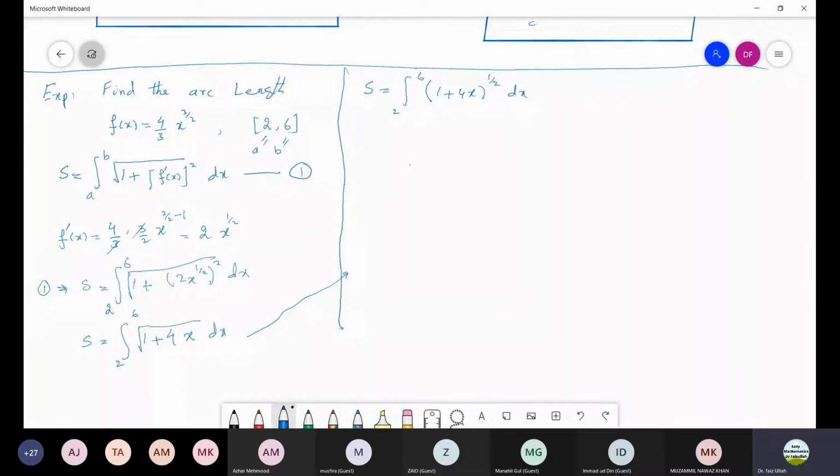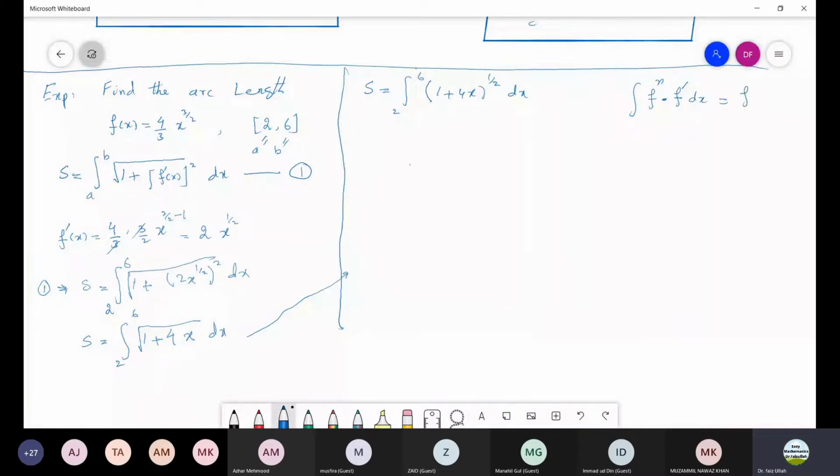There is a very basic rule of integration. If we have some function and there is some power of this, it means we have f power n, and with multiplication there is the differentiation of f. Let me write f dash into dx.